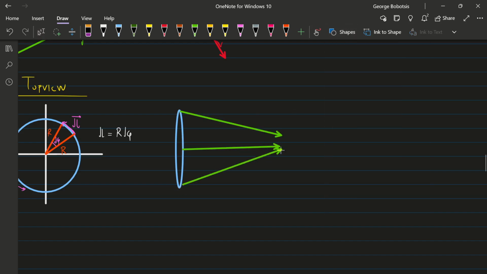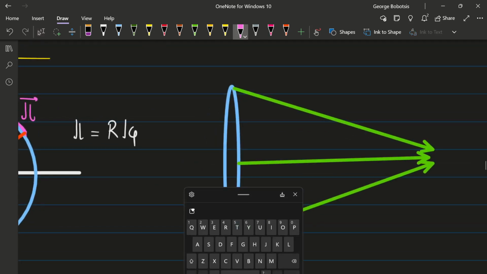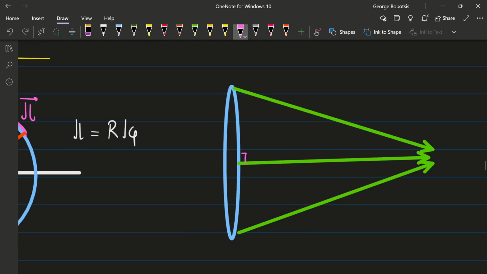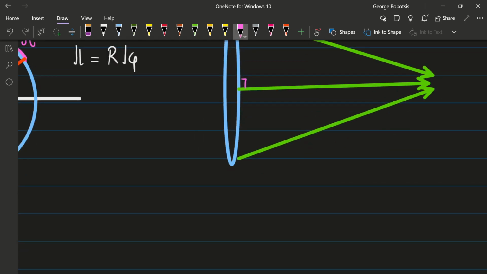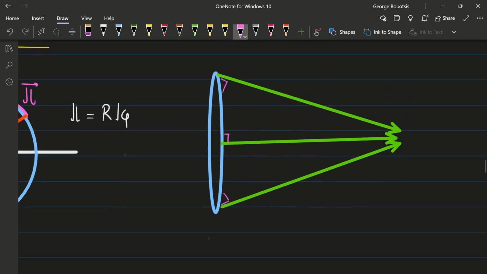For example, there's the 90 angle here, and then it's skewed over here, same thing over here, skewed like that.